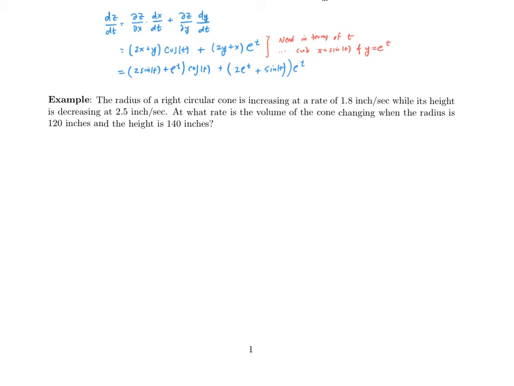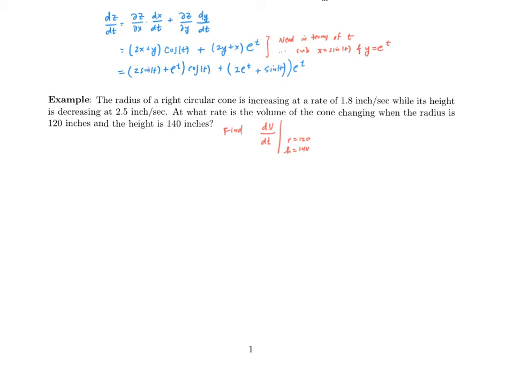And note, this last sentence is telling us precisely what we would like to find. What we would like to do is find the rate of change of the volume, which is a derivative, dV/dt, precisely when the radius is 120 and the height is 140.